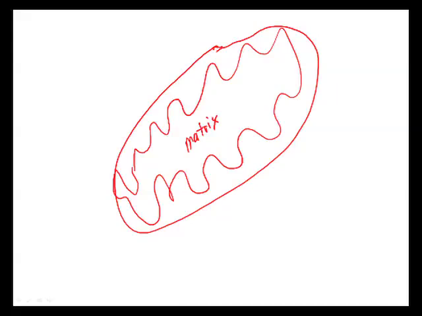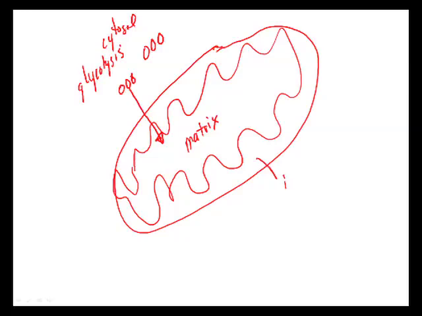They're occurring in here. This is the cytosol out here. This is where glycolysis takes place. This is where the pyruvic acid is, the pyruvates. So the pyruvates are going to have to make their way into the matrix. This space in here is called the inner membrane space.